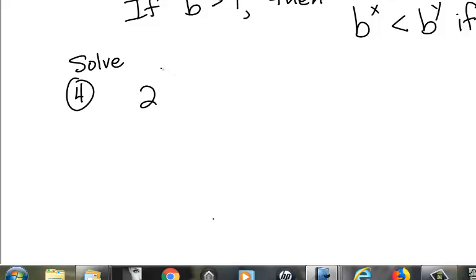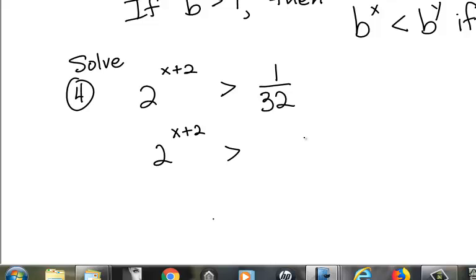2 to the x plus 2 power is greater than 1 over 32. You still get the base the same. 32 is 2 to what power? 3, no, 4. Five.